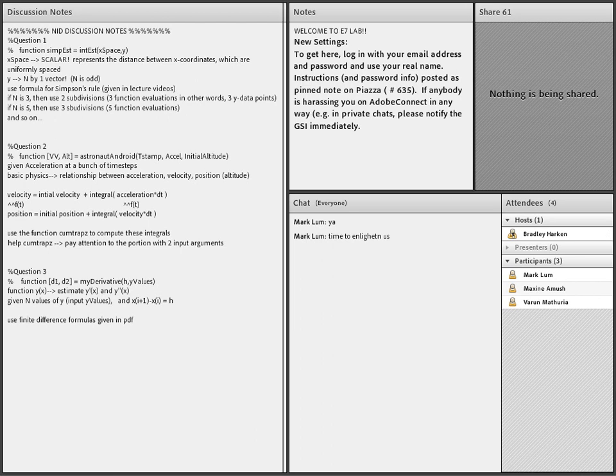Since the central difference equations require knowing the function value 2 steps to the left and to the right, we're going to use the central difference equations on the data points that are in the center.